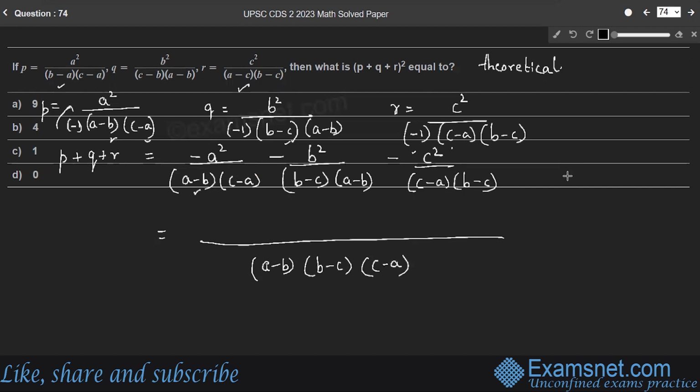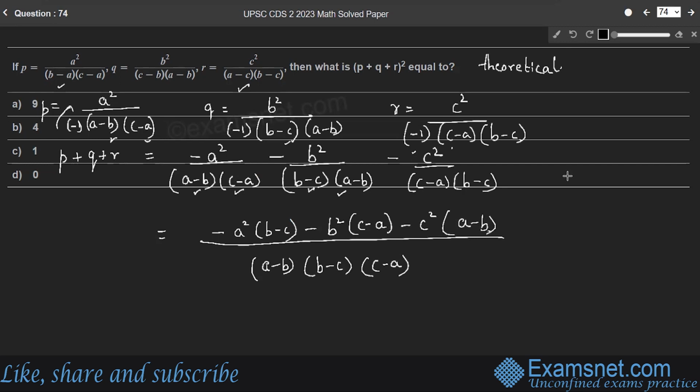We have a minus b and c minus a in the denominator of the first term, so minus a squared into b minus c. In the second term, minus b square, we have b minus c and a minus b, so it is short with c minus a, therefore multiply by c minus a. Then minus c square into a minus b.